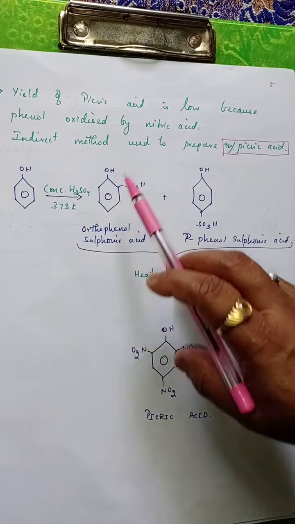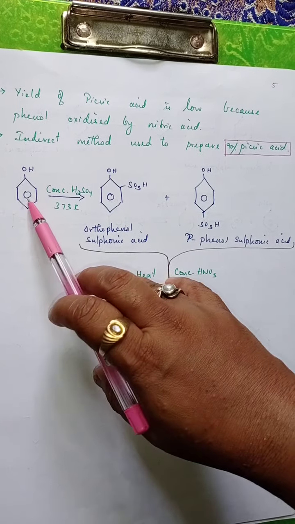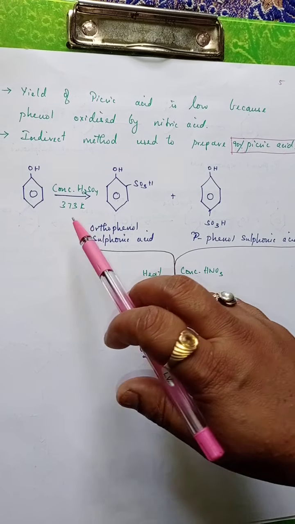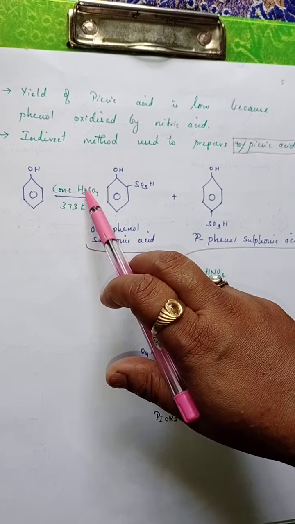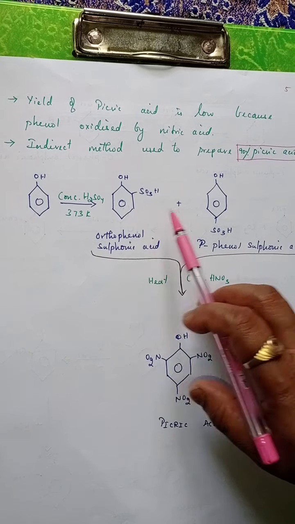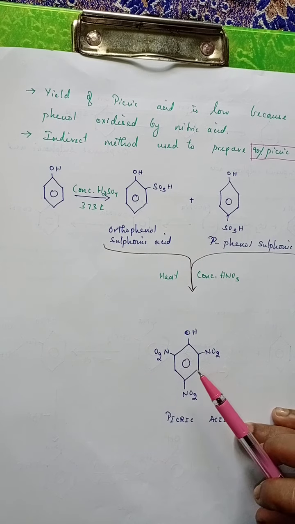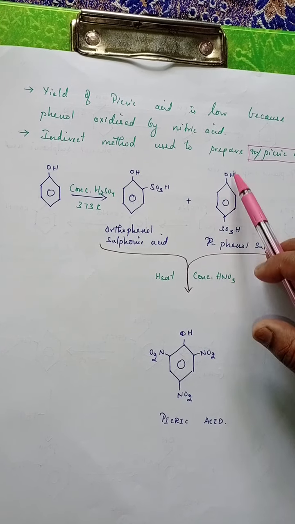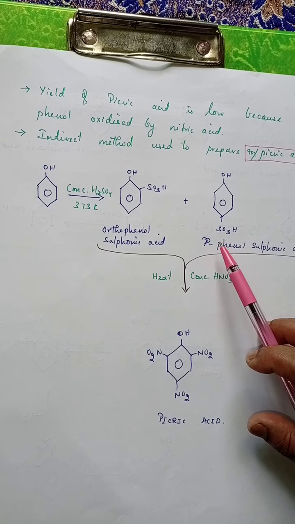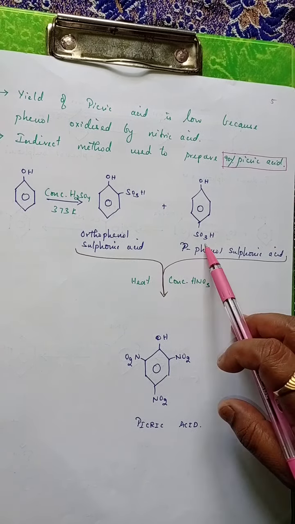Over here the indirect method is, first we add concentrated H2SO4 to phenol at 373 Kelvin. The sulfuric acid will react with phenol and you will get two different products, ortho-phenol sulfonic acid and para-phenol sulfonic acid, which means 1,4.